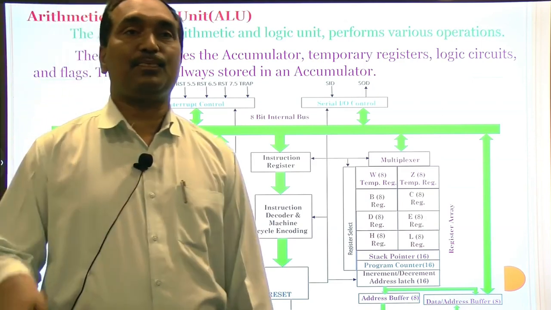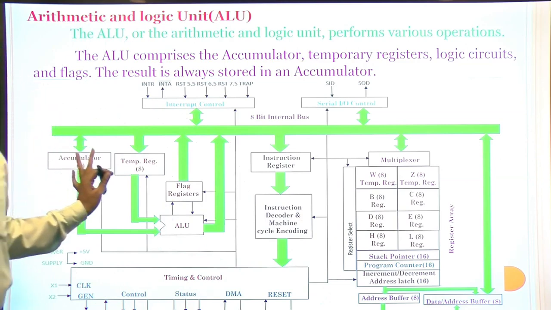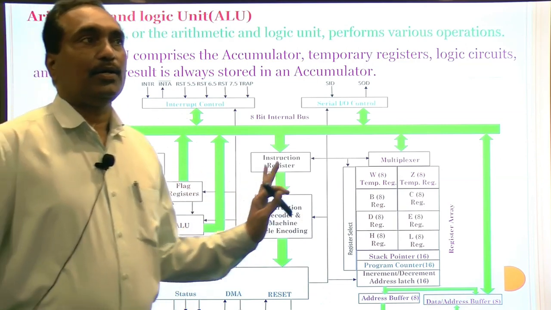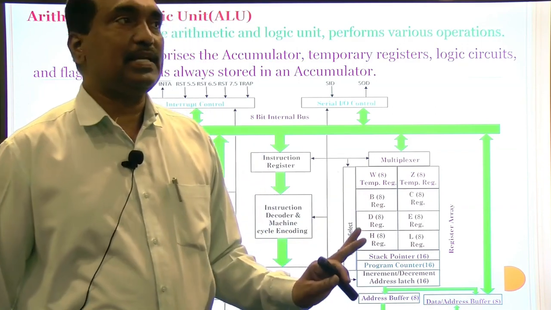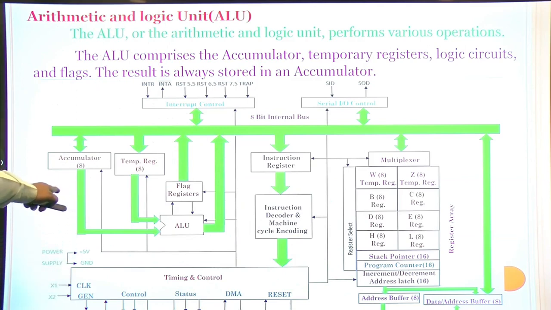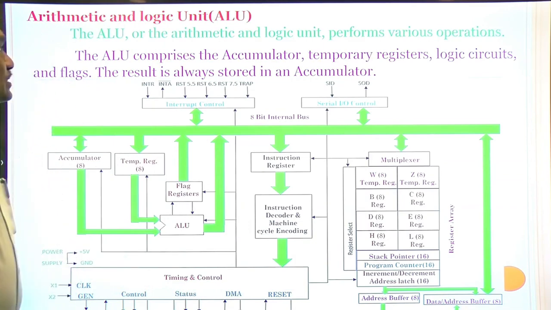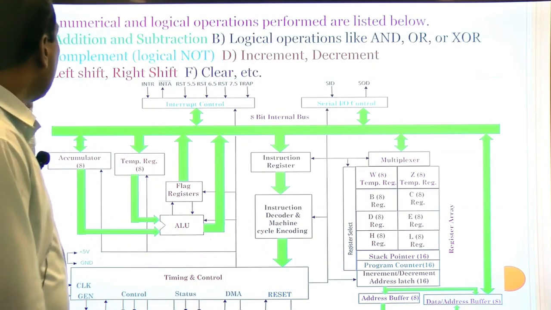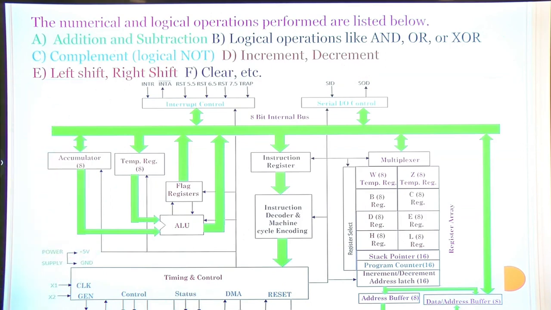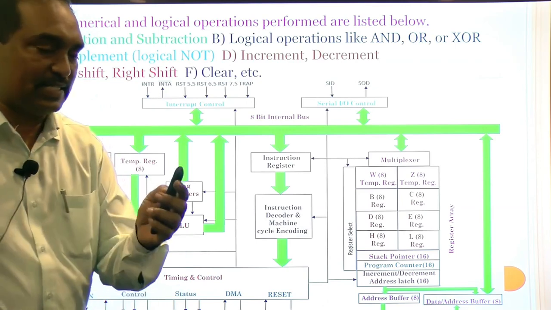After completion of this process, the result is stored in the accumulator. So the accumulator plays a major role in input output operations, logical operations, and arithmetic operations. This ALU is connected with the accumulator, temporary registers, flag registers, and logical circuits. And the arithmetic and logic unit can perform separate operations like complement, increment, decrement, clear, left shift or right shift, etc.